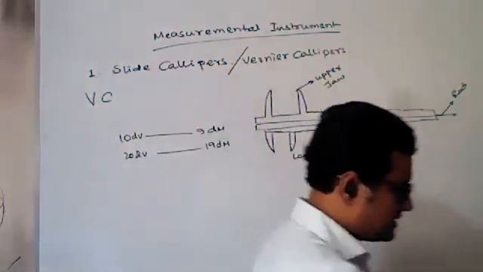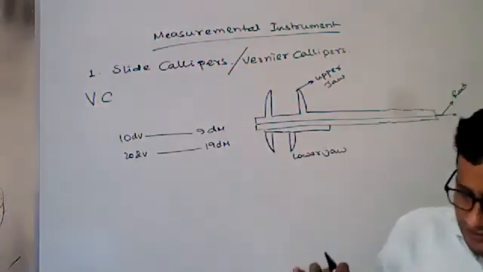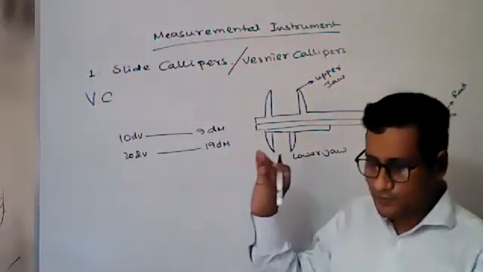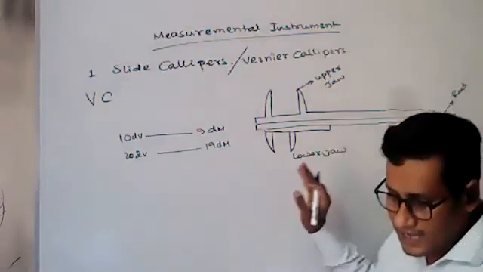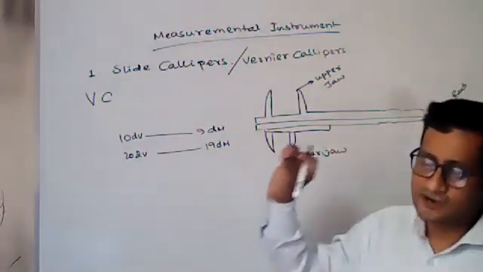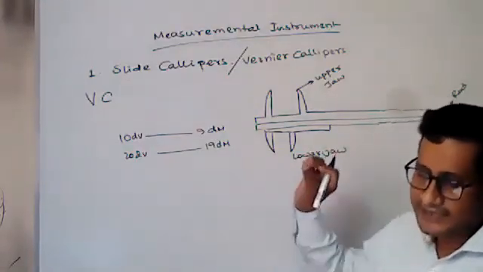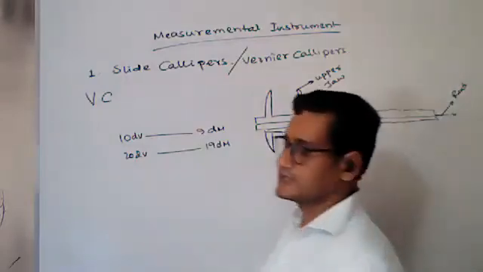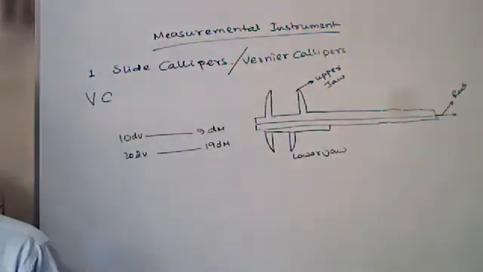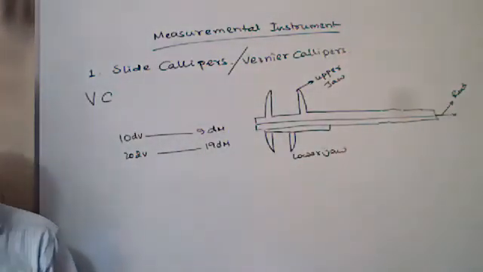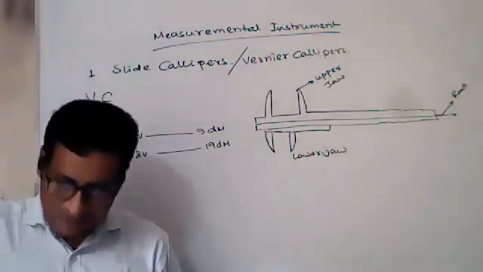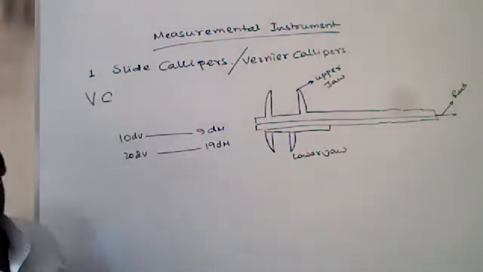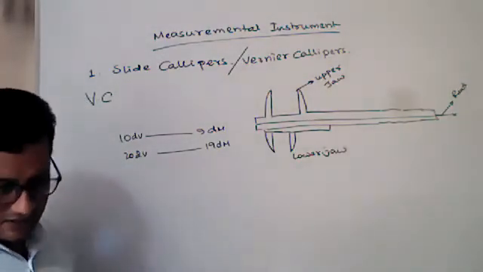From this discussion, we can see the smallest division of the main scale is greater than the smallest division of the Vernier scale. This difference is called the Vernier constant.